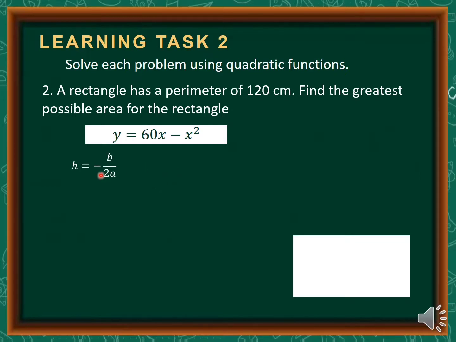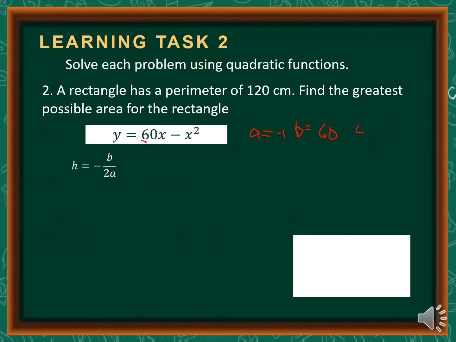H is equal to negative b over 2a. Pero alam na ba natin ang a, b, and c? Alamin natin, what is a? Ang a natin ay equal sa negative 1. Correct. How about our letter b? What is the b value, or the numerical coefficient of our linear term? Yes, that is positive 60. How about our c?